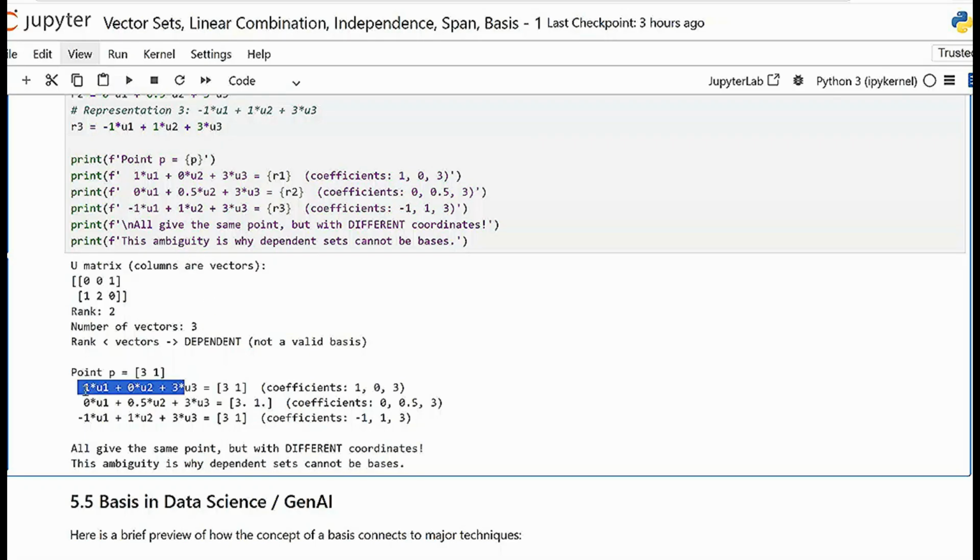Here are the points for representation 1, representation 2 and representation 3. The coordinates are not unique, which makes u useless as a measurement system. A basis must assign exactly one coordinate to each point, and only linear independence guarantees this uniqueness.